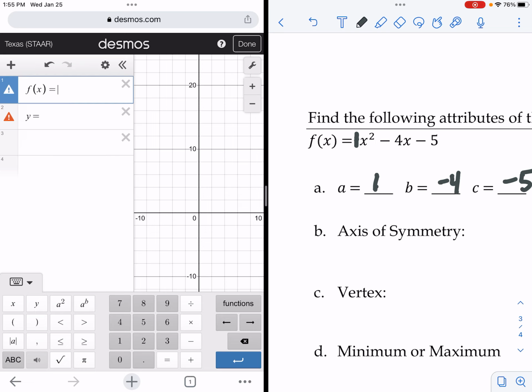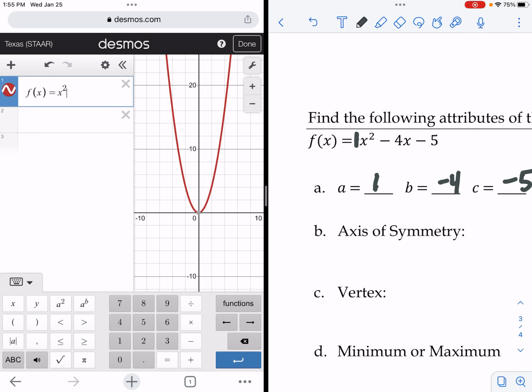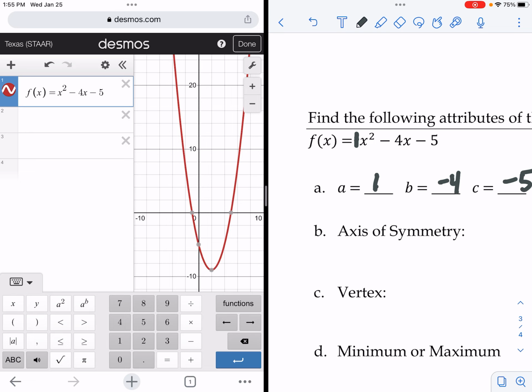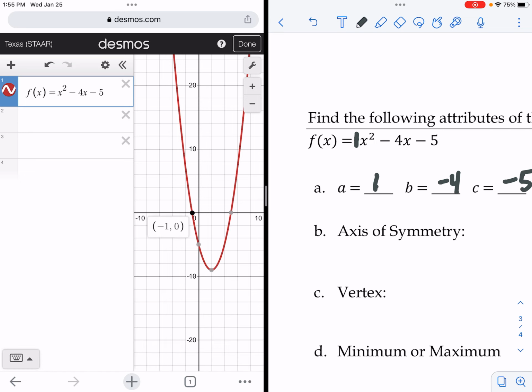That's where a lot of people mess up. So f of x equals x squared minus 4x minus 5. Okay, it already plots some of the points, so we just got to click on them. So I have an x-intercept at -1, an x-intercept at 5, a vertex at 2, -9, a y-intercept at 0, -5.